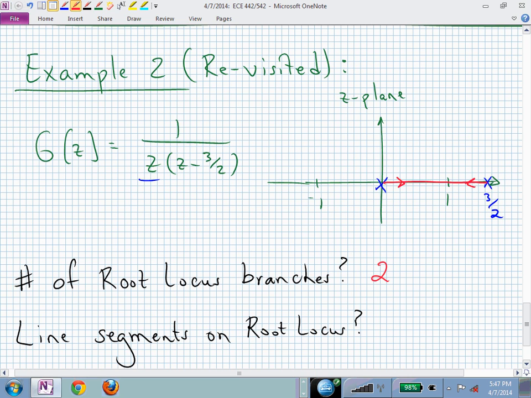Stability is governed by the unit circle. Meaning initially, this little piece from 3/2 to 1, I'm not stable if one of my poles is out there. So I have to adjust the knob, crank up the gain K enough to get me to that point at 1. And that determines my lower limit of stability.